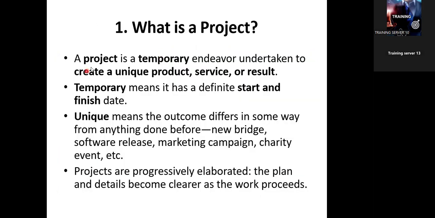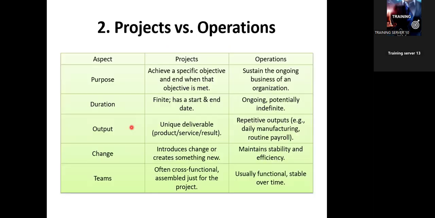So we have identified the project very well, and we mentioned that it's a temporary program that will help us produce a unique product. It should not be just any product. We have specific characteristics for that product, special characteristics for that service or whatever we want to achieve.